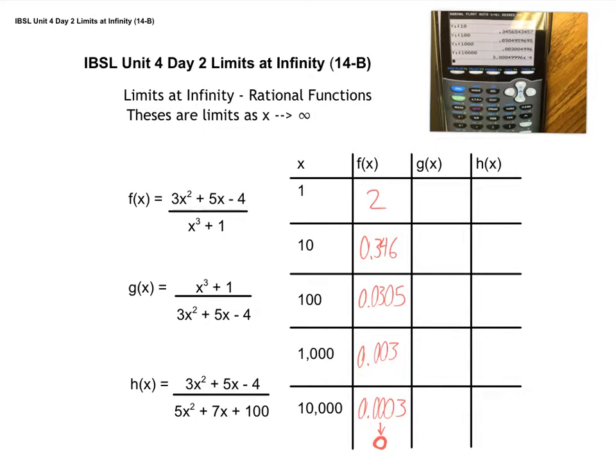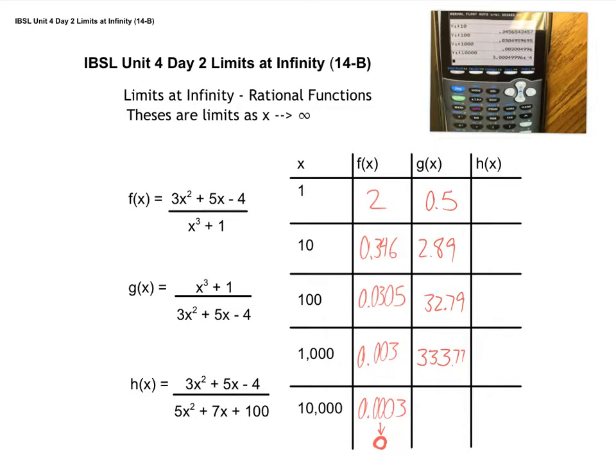Okay, so let's go through g of x here. What did you guys get when you plugged in 1? 0.5. 0.5? And how about 2? 2.89. 3? Or not 2. 100, sorry. 30. 32.79, okay. 1,000, 33. 0.779.